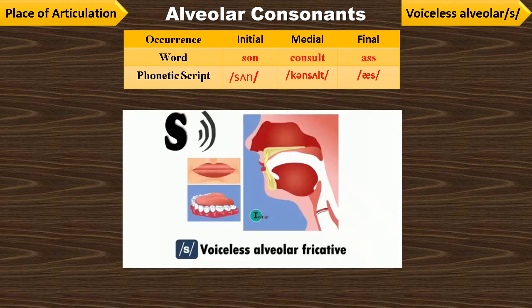It is a voiceless alveolar, so we couldn't see any kind of vibration in the vocal cords. s, s, s. The blade of the tongue raises towards the teeth ridge. The air passes through the sides of the tongue to articulate the sound s.